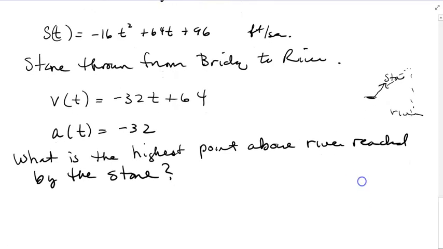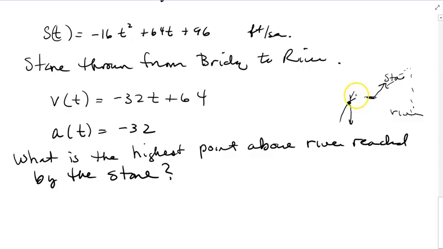Well, couple things. If you think back to the last problem we just did, when that stone goes up, it's going to hit a point where then it has to fall down. When it hits that point, before it falls down, it comes to a stop.